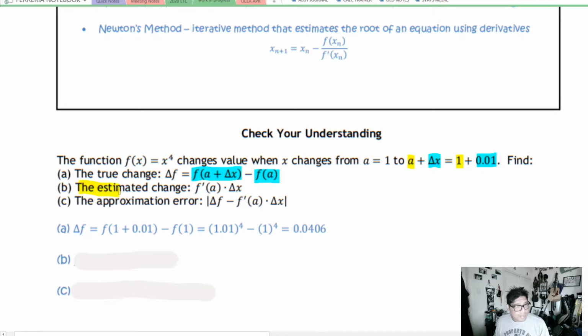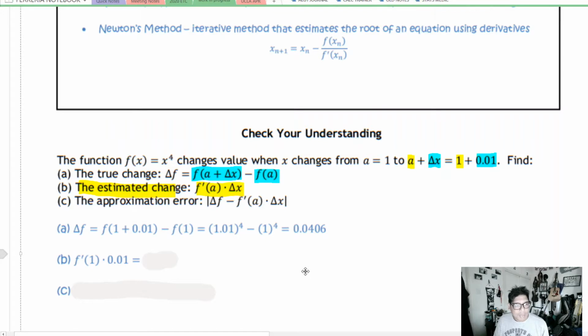Now for part B, let's find the estimated change. So the estimated change is f prime evaluated at a multiplied by delta x. So f prime would be 4x cubed evaluated at 1 because a is 1, multiplied by 0.01.